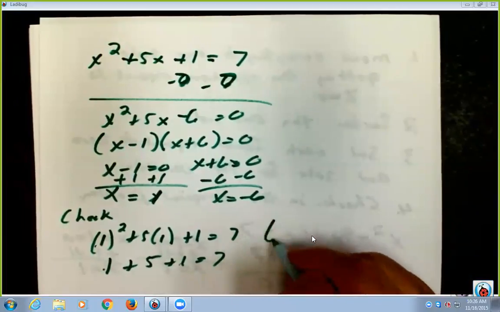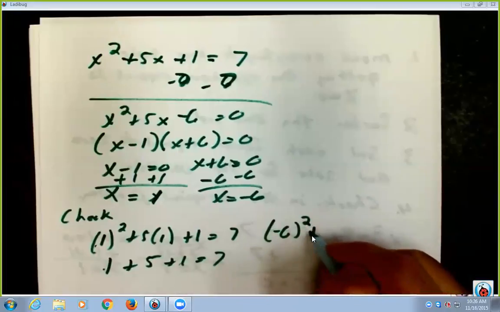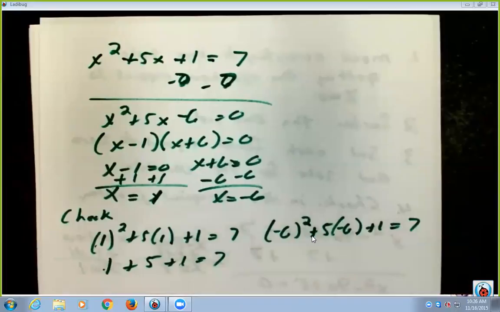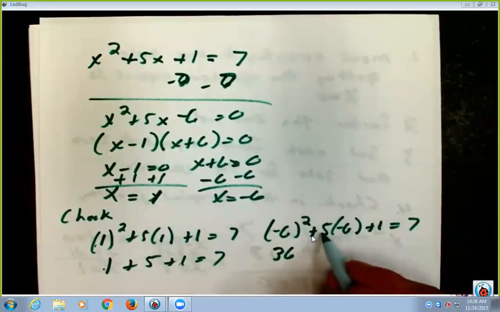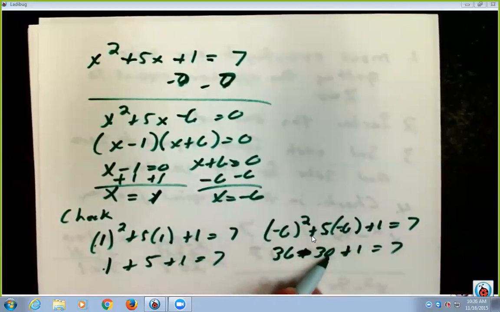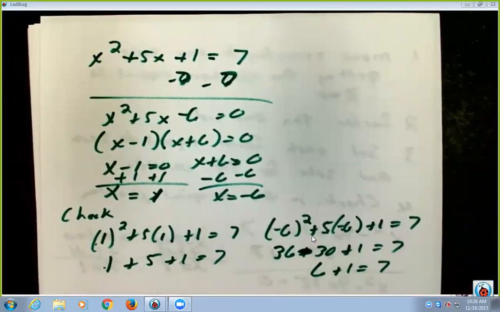And then a negative 6. Negative 6 squared plus 5 times a negative 6 plus 1, does it equal 7? Negative 6 times negative 6 is 36, minus 30, plus 1. 36 minus 30 is 6, plus 1 does end up equaling 7, so we must have done something right.